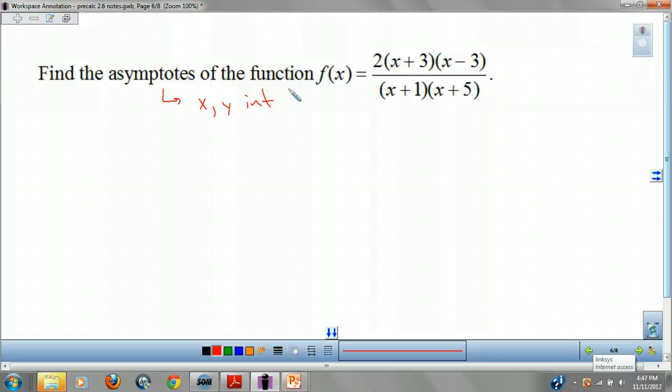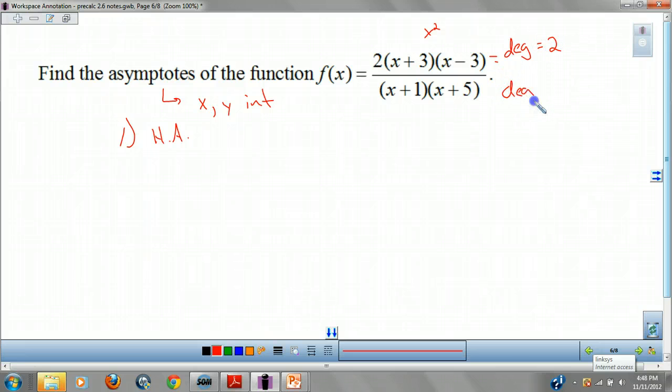I'll give you a second. Okay, first things first, for that horizontal asymptote, my degree of my top, my degree is what? There's 1, 2, x times x is x squared. So my degree is going to be 2.